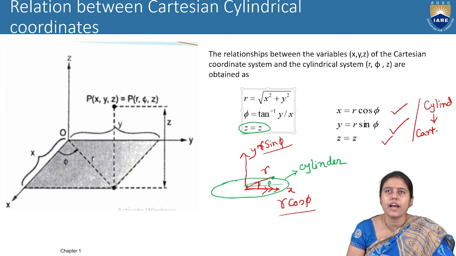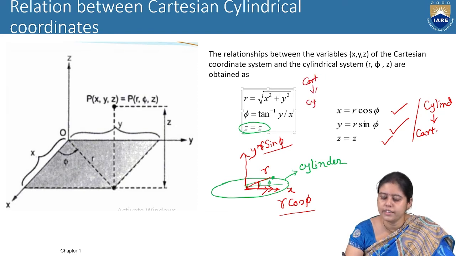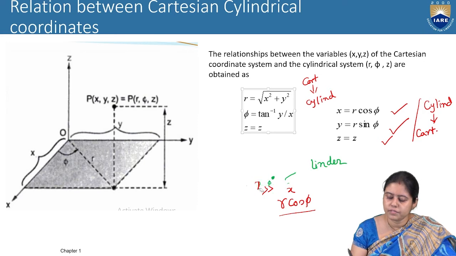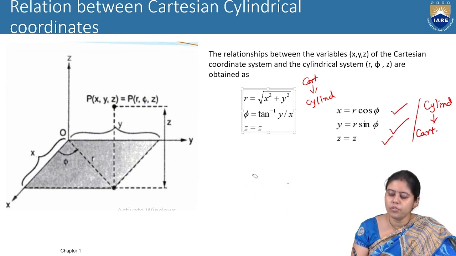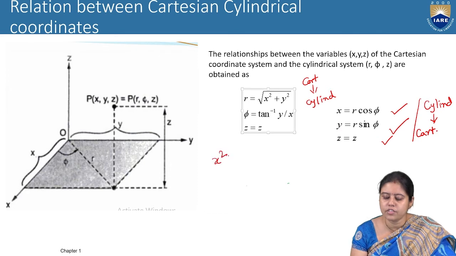Now, if we think about the relation from Cartesian to cylindrical, the opposite relation. Already we know the x value, we know the y value. If we write x square plus y square, what will come?